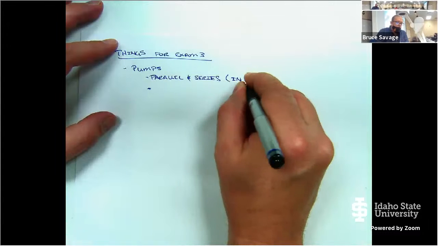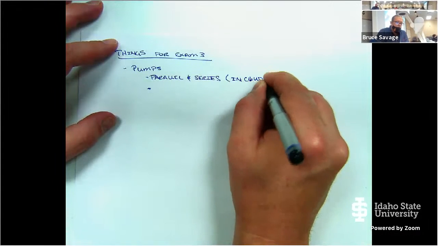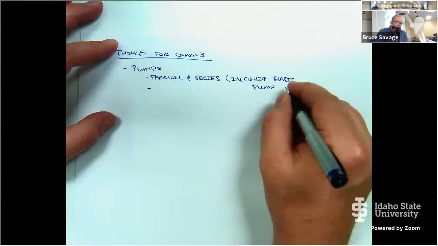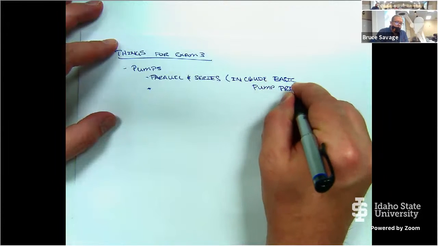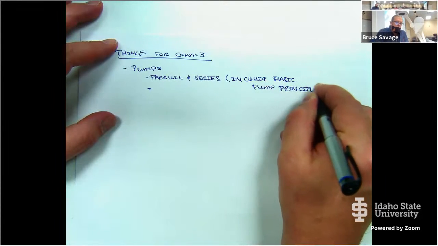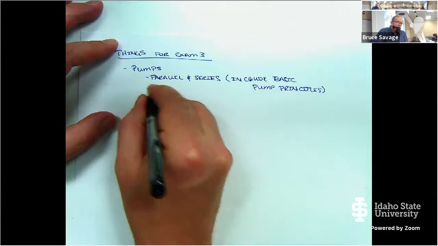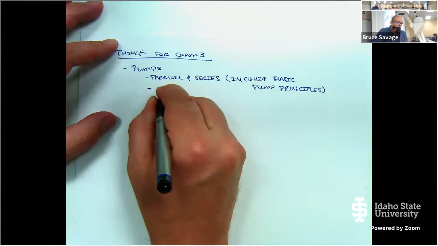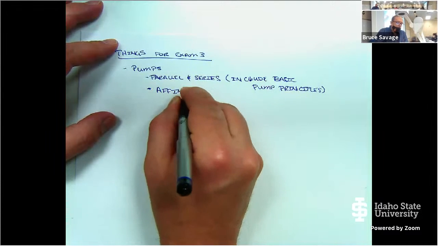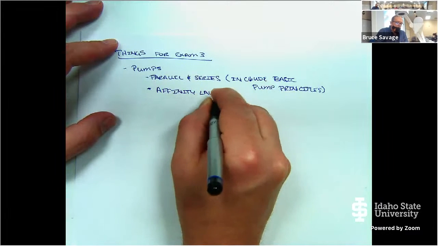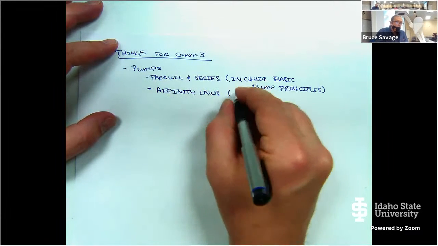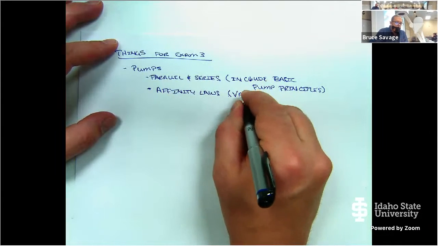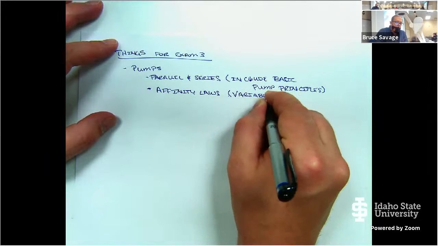So this will include basic pump principles. You also need to know about the affinity laws, for pumps in specific, I guess variable speed pumps is a better way of putting this.